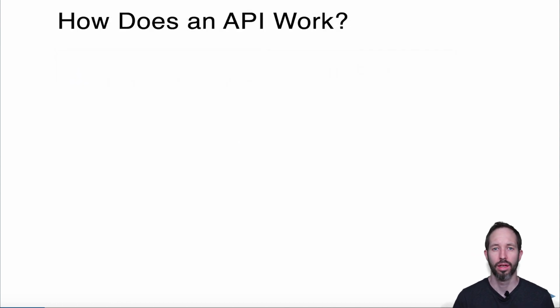The next thing I need to teach you about is how an API works. Now, broadly, what we're doing every time we make an API call, which is the way that we as people who use an API make custom requests for data from that API, what we're doing is actually stitching together a long URL that has information in it about what we want to request and who we are.